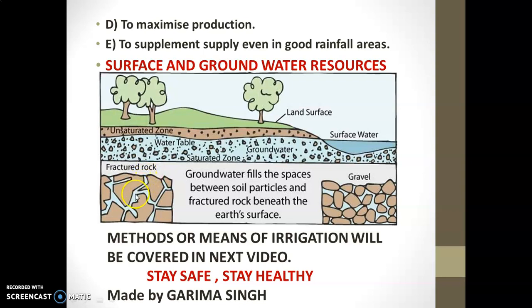Fractured rock means rock with cracks. When cracks appear due to earthquakes or other forces, water can easily penetrate and seep down, and rocks which are very soft or porous also absorb water. As a result, the water seeps down and increases the groundwater resources.